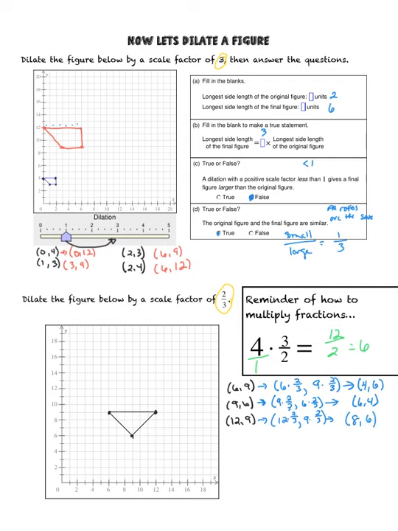Let's plot some points. 4, 6 is right here. 6, 4 is right here. And 8, 6 is right here. Okay, you can see it is smaller. This blue triangle is smaller. It is still similar because everything was scaled down by the same amount.